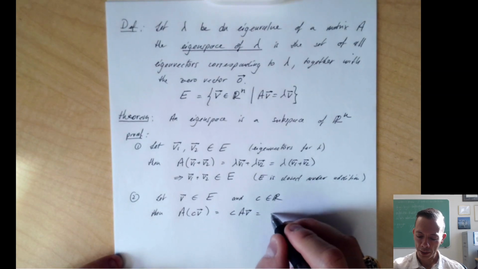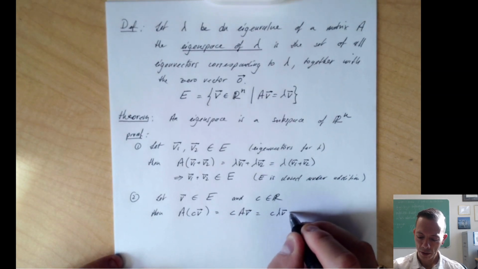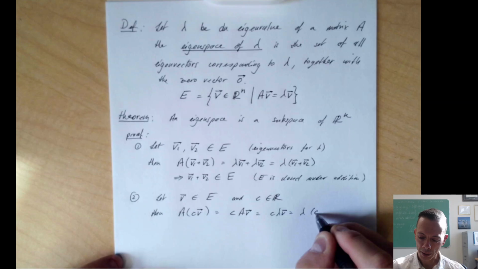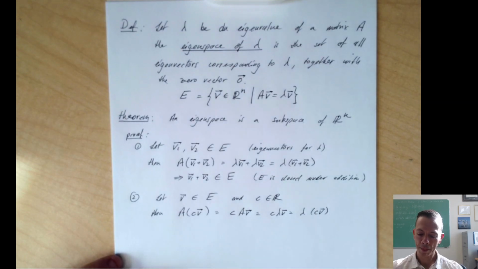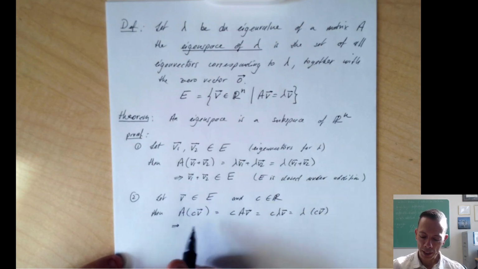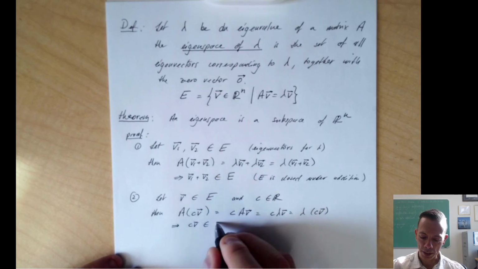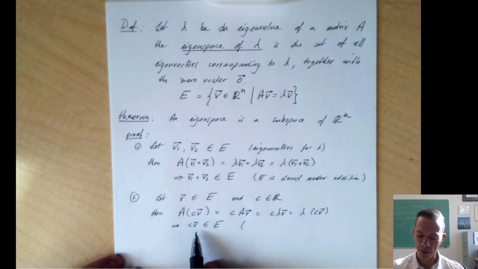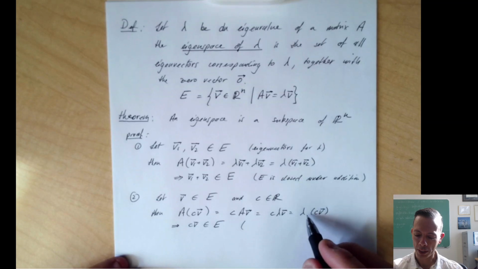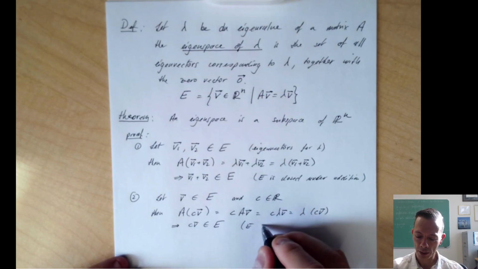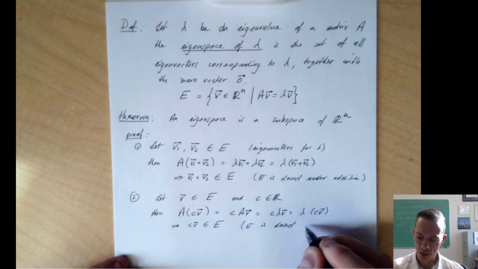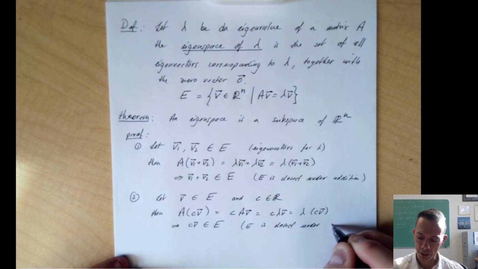Av is lambda v, so lambda times cv. So we've just proved that A(cv) equals lambda(cv). In other words, that cv is in E. So cv is an eigenvector of A with corresponding eigenvalue lambda. So E is closed under scalar multiplication.